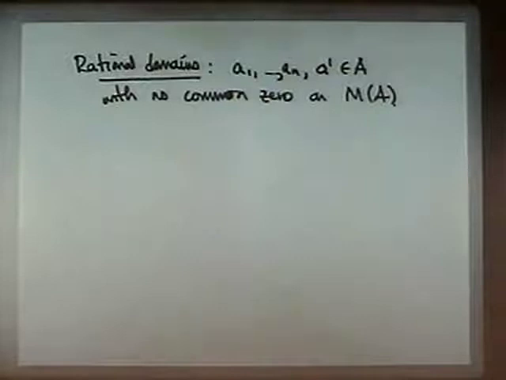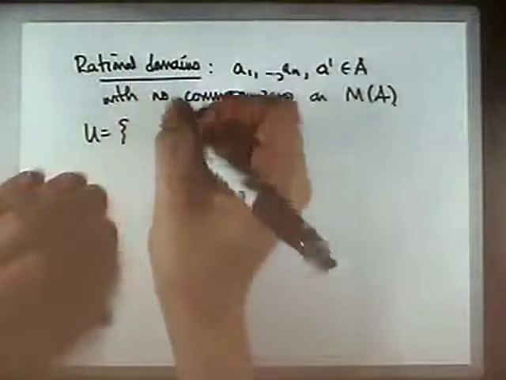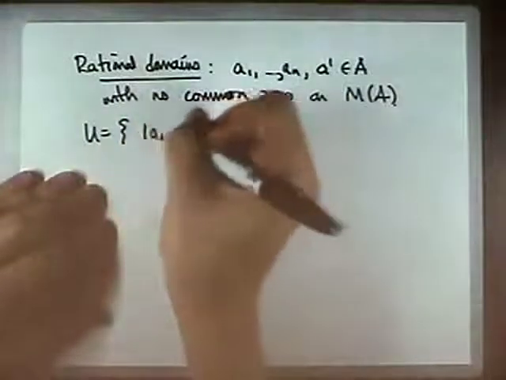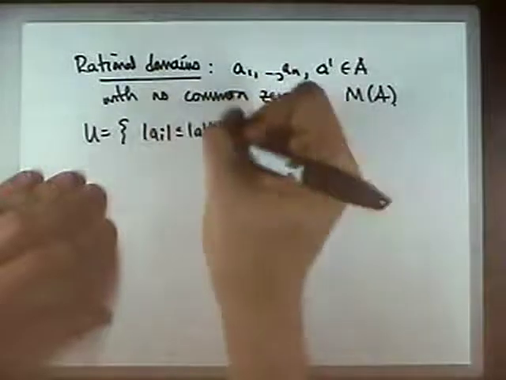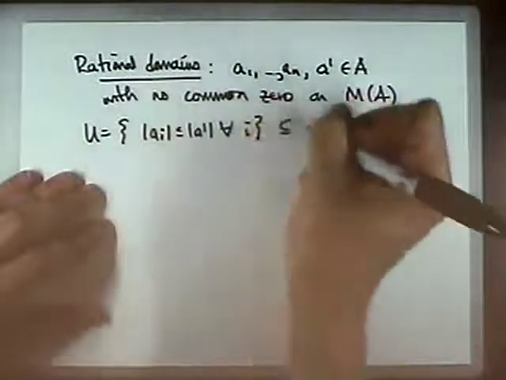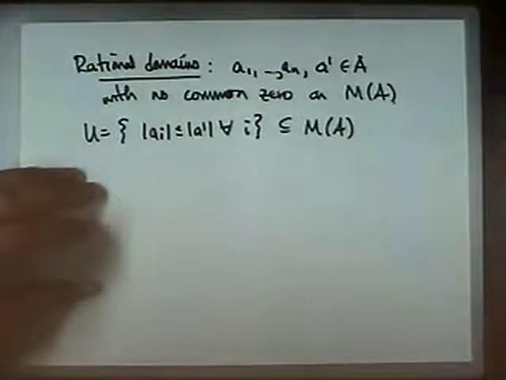So suppose I consider a bunch of elements, and now what I'm going to consider is the condition that the absolute value of a_i is less or equal to the absolute value of a' for all i inside M of A. So we're going to consider all points x where a_i of x has absolute value bounded above by a' of x.